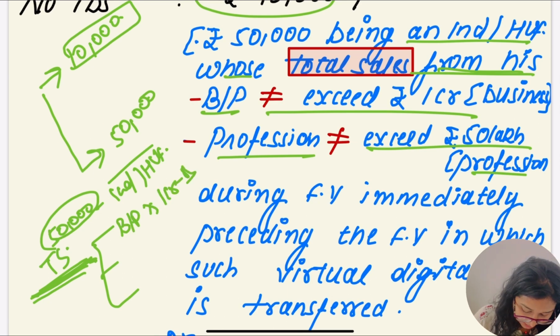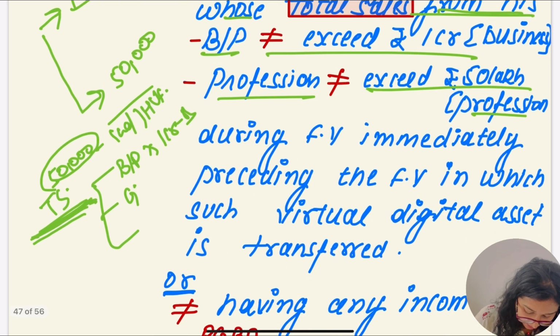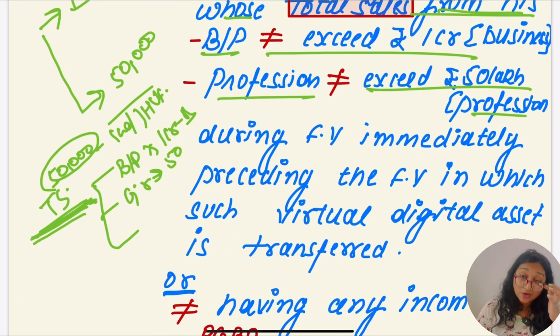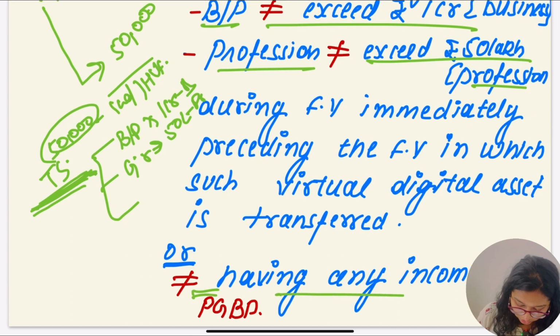Again gross receipts of what amount? 50 lakh from the profession, do not exceed this limit. And third, not having any income under PGBP.